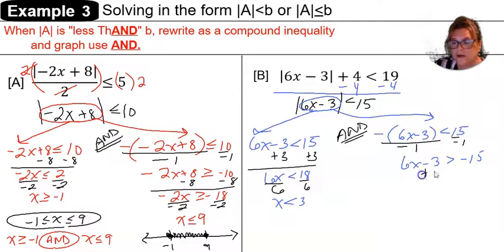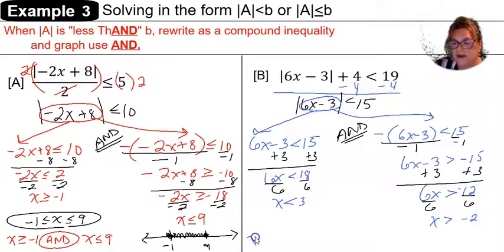Then we can add 3 to both sides. Now 6x is strictly greater than negative 12. Then we can divide both sides by that coefficient of 6 to get x greater than negative 2.